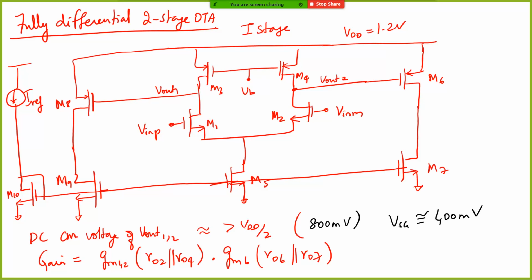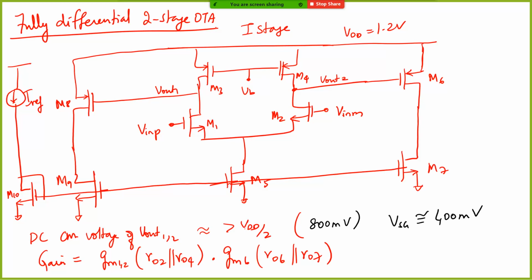Now, we have been talking about how these OTAs, especially the fully differential ones or even the single-ended ones, need to be symmetric. Okay, the whole premise is that things are symmetric, and if they are symmetric, you get very good common mode rejection, and what you want happens, right?